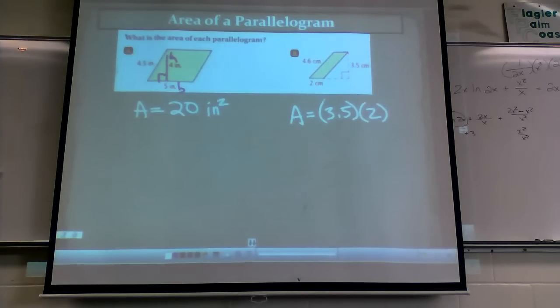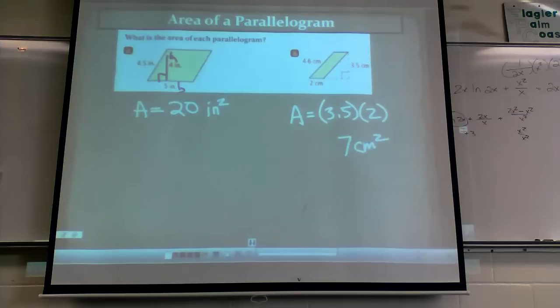When they put the dashed lines there, when they do it with triangles also, it's just to show you that the 3.5 is perpendicular to that side. 3.5 times 2 is what? So this is 7. Basic problems like that aren't that big a deal. You just find the two numbers and multiply.